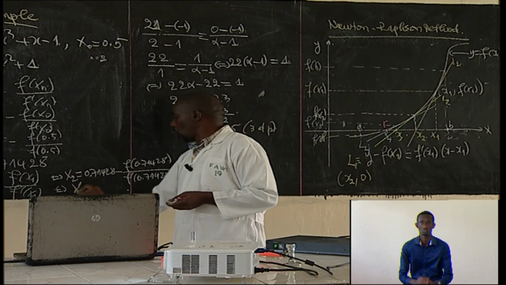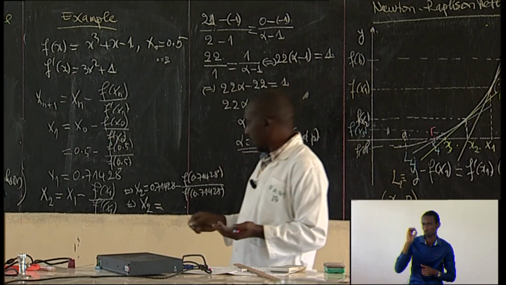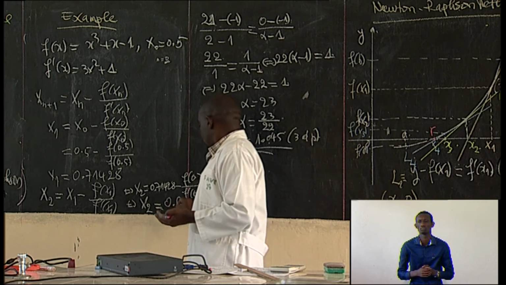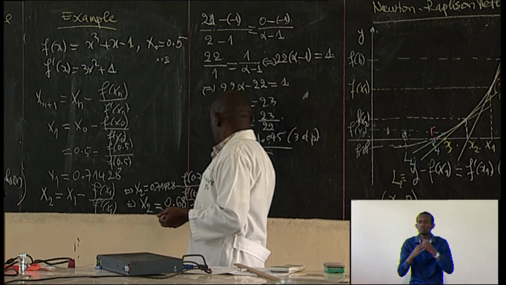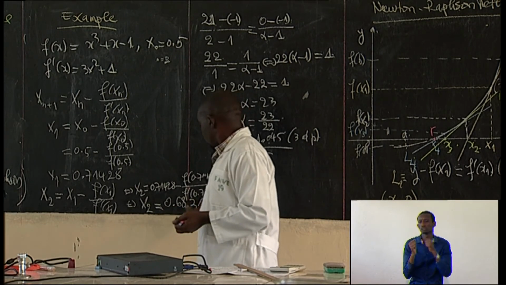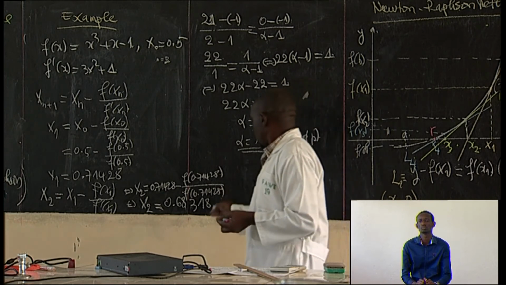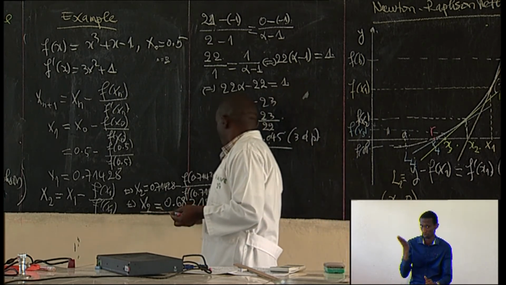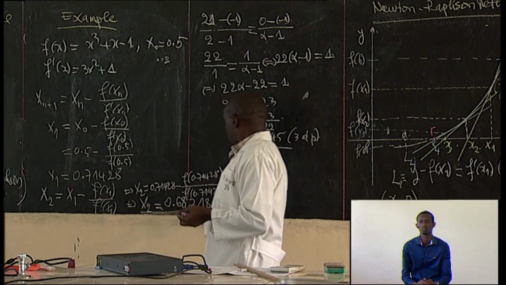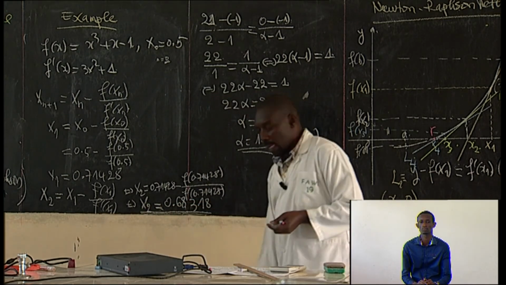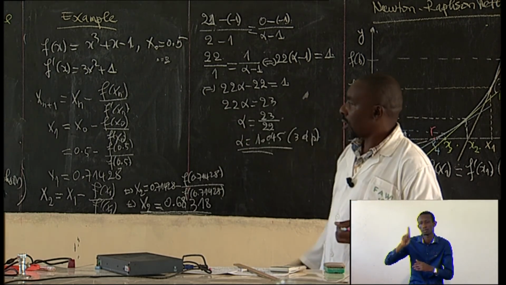After calculation, you'll have 0.68318. 0.68318. This is the third approximation using, of course, the Newton-Raphson method.